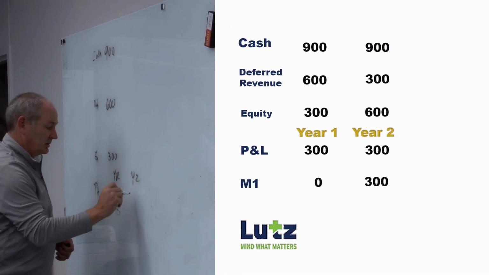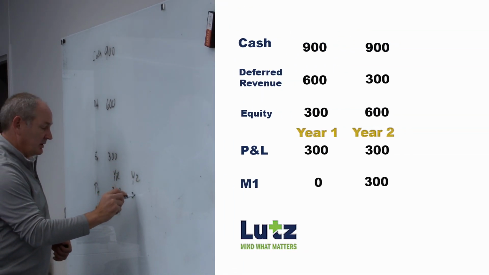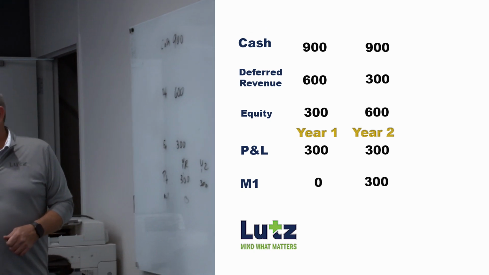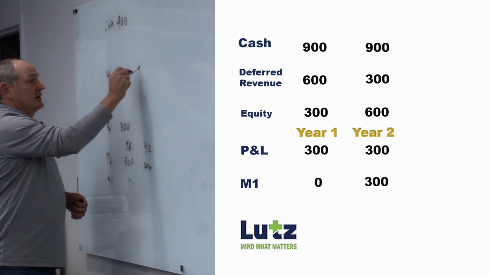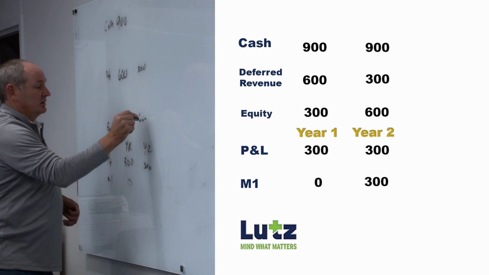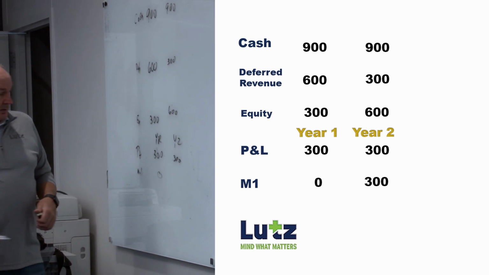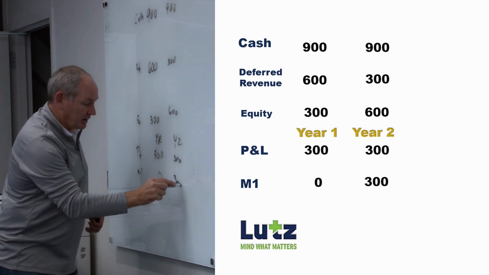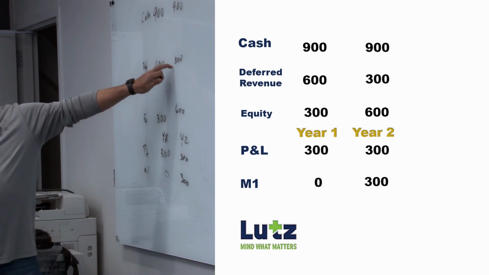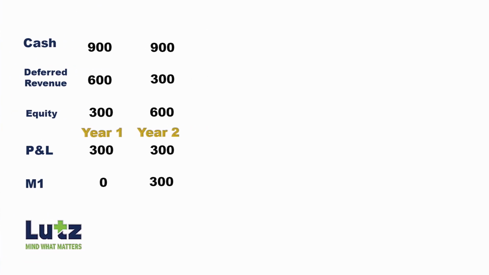Year 2, my P&L is going to be 300, correct? Because now we've recognized 300, 600, 900, correct? But I'm going to have an M1 of 300 because I have to recognize the full amount. And deferred revenue has to be recognized by the end of year 2.